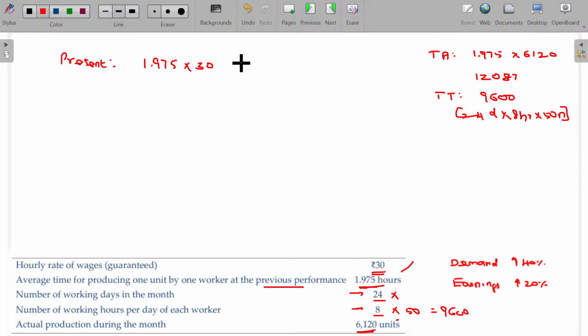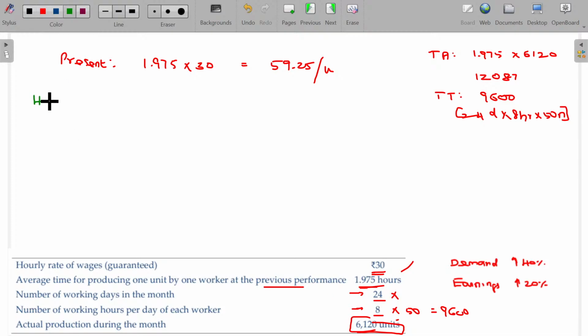If you multiply these two, the rate per unit in this case being how much? 59.25 per unit. What is the total wage? That you can multiply, but anyhow it's not asked.